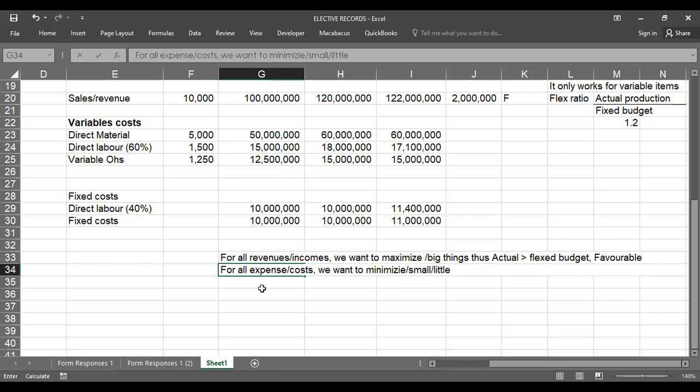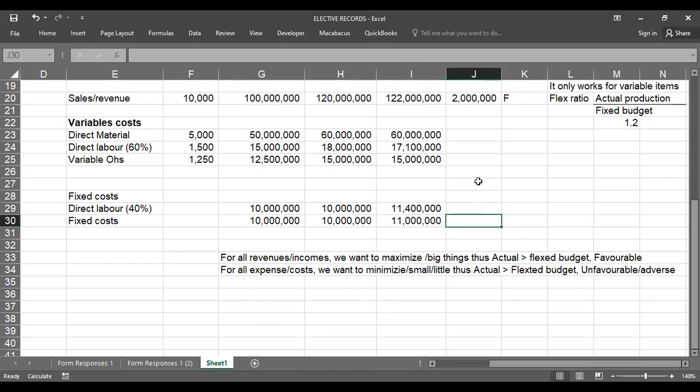You understand? So because of that, if actual is at this time greater than flexed budget, for this one it is adverse or unfavorable. Favorable or adverse, and the reverse is true. So that's how we comment on variances.